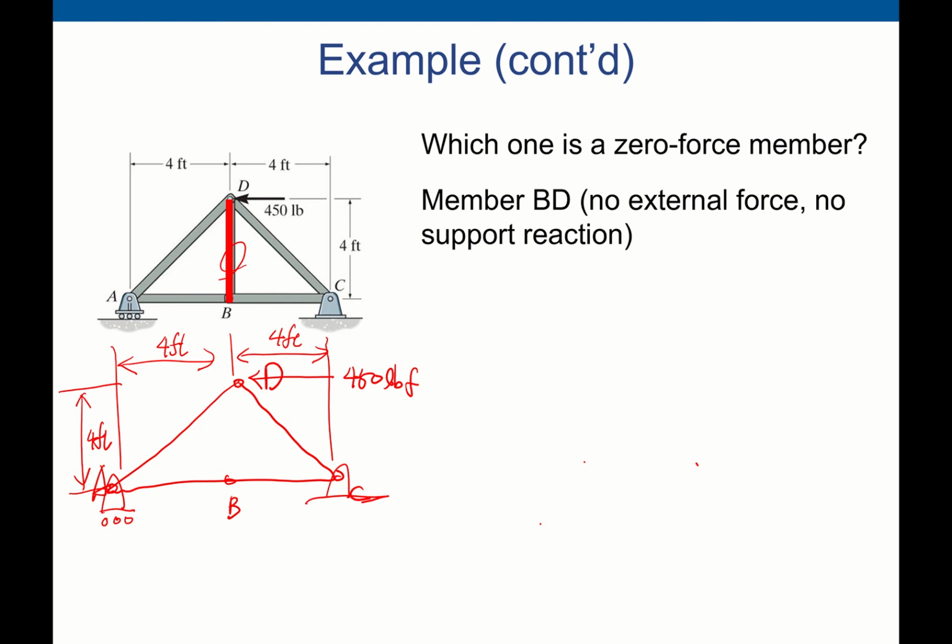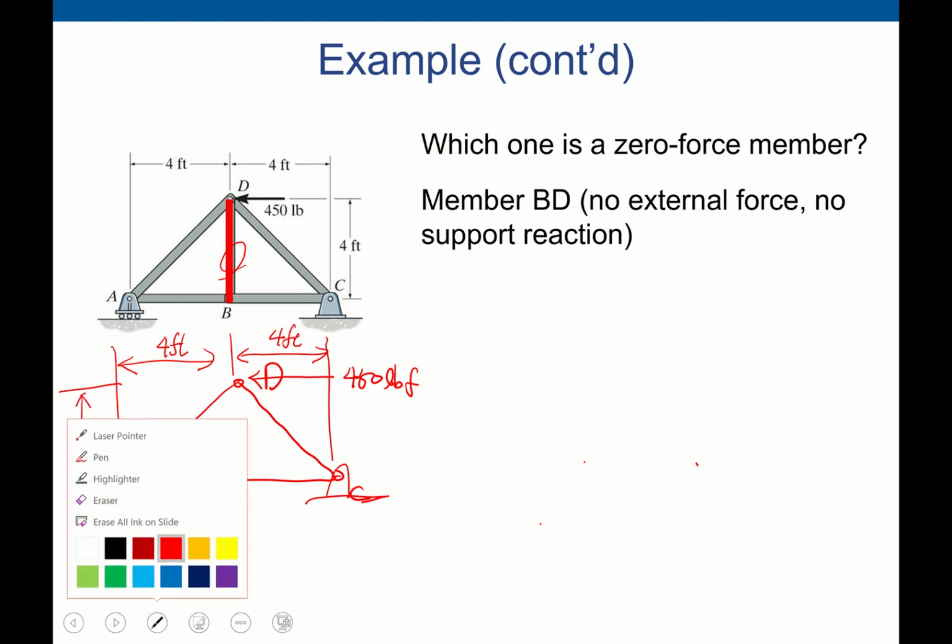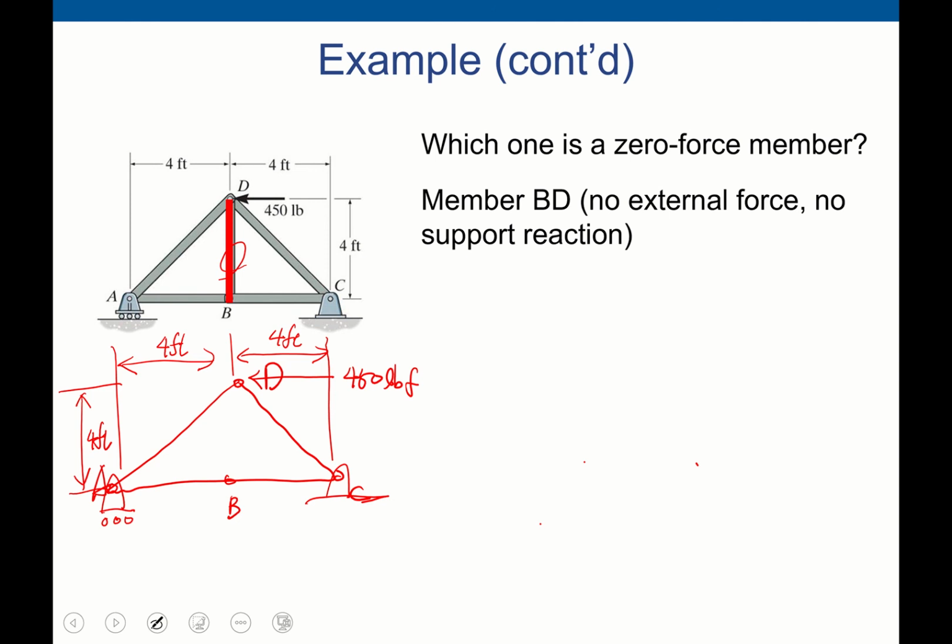Now we can find the support reactions. Since this entire truss is in equilibrium, there should be some support reaction at point C and point A. Let's see.